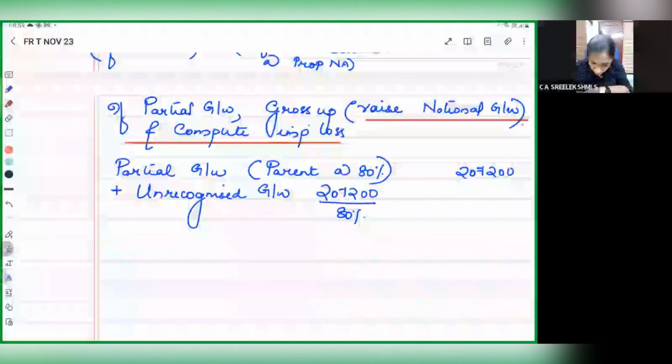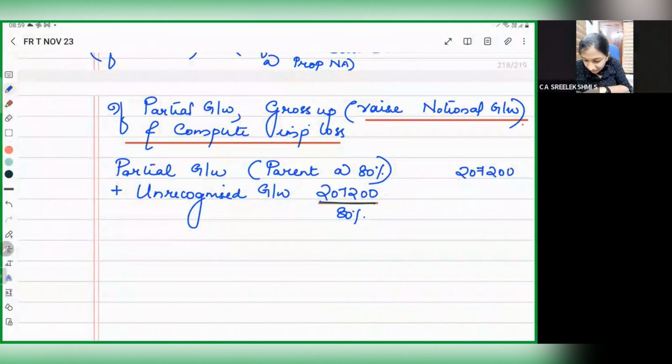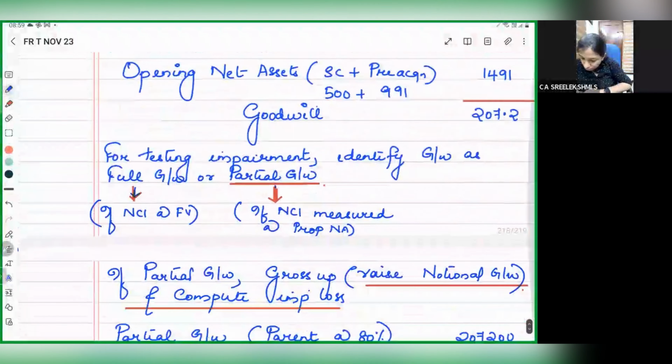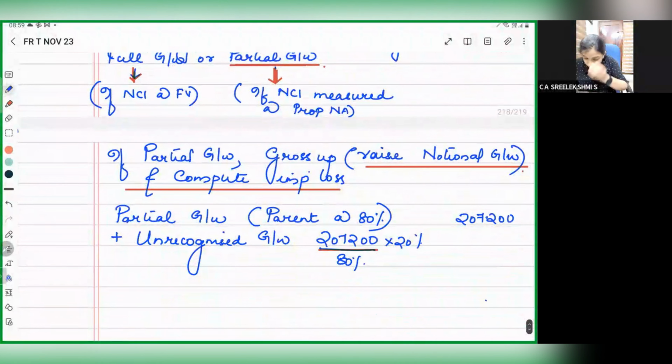So how much is the goodwill of NCI? 80 into 20. Is it 51,800? Oh yes, we should write only 207.2.